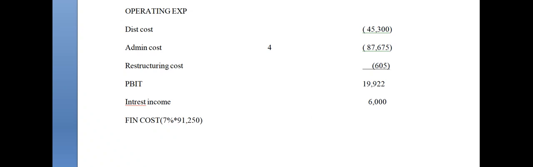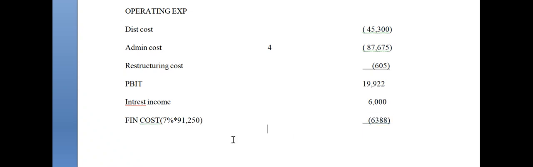Plus 6,388. Yes. So this one will be less. We are deducting. 19. I think so.